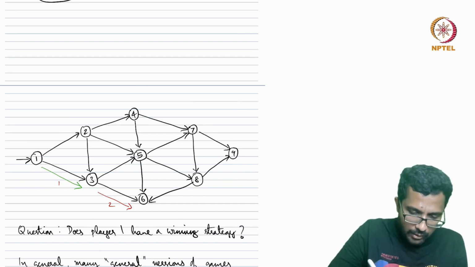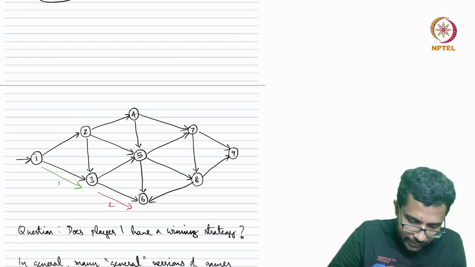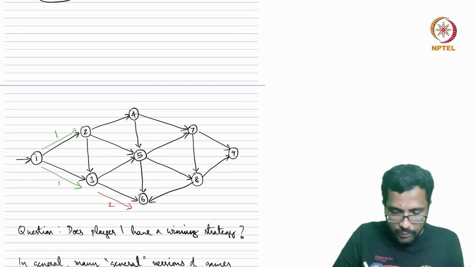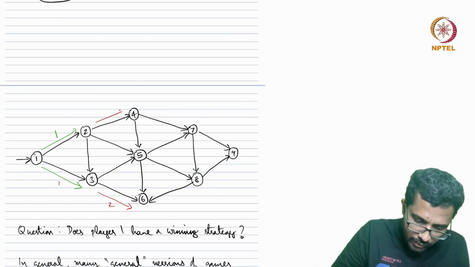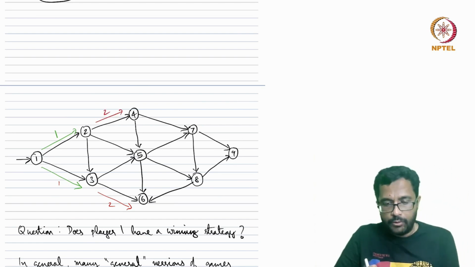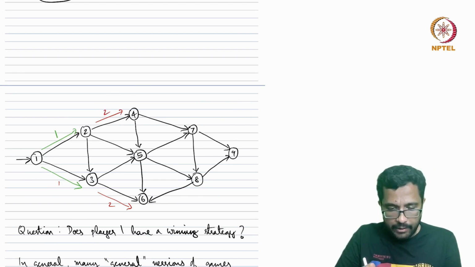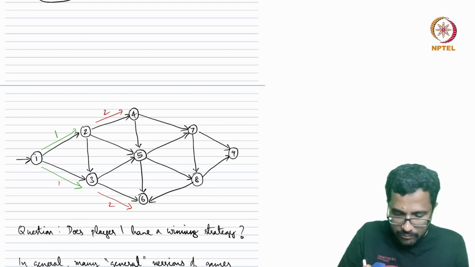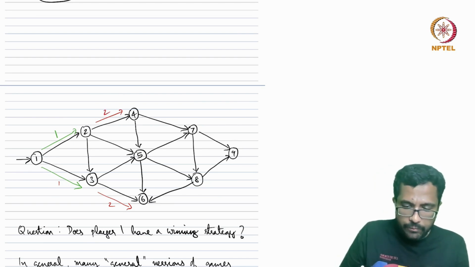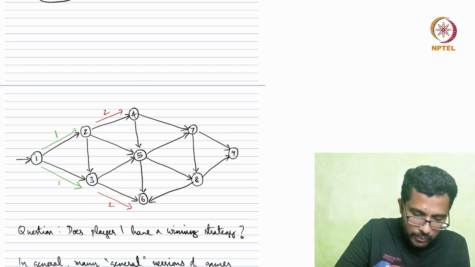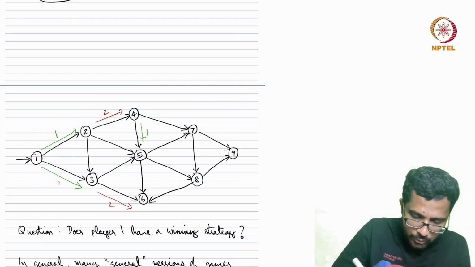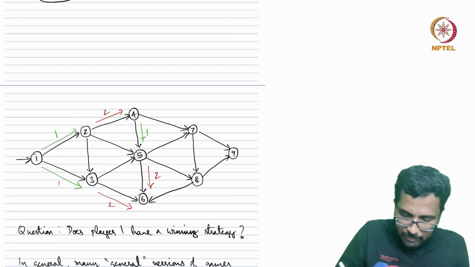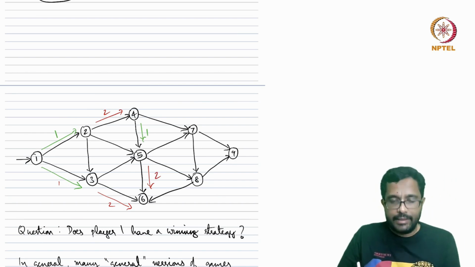If player 1 had taken this way, he went to 2. Now player 2 can go to 4. Now player 1 has only 2 options, either go to 5 or go to 7. Suppose he goes to 5, now player 2 goes to 6 and player 1 is stuck.